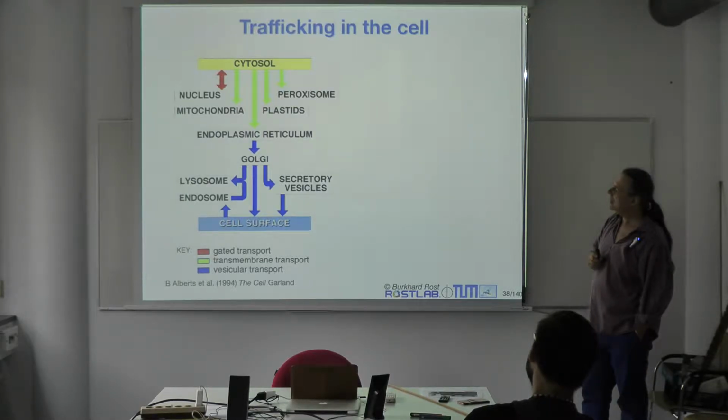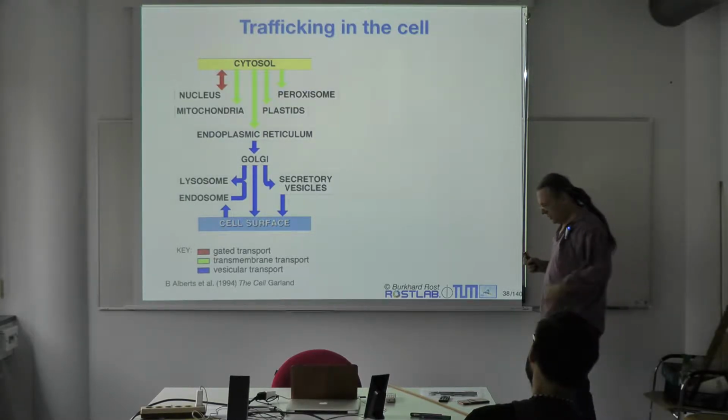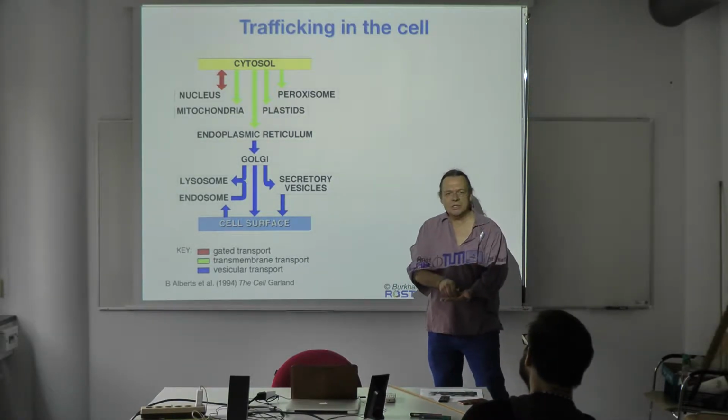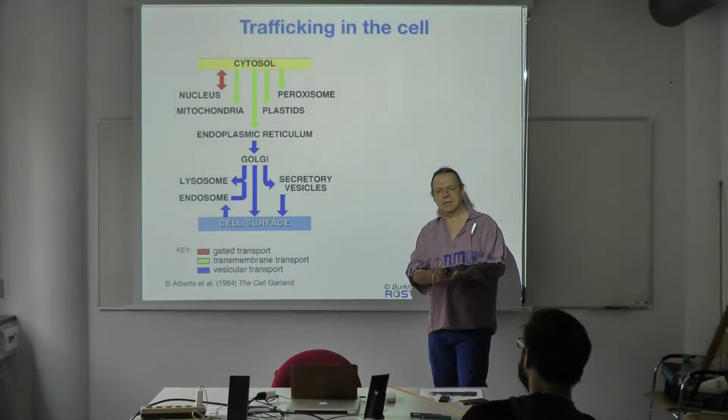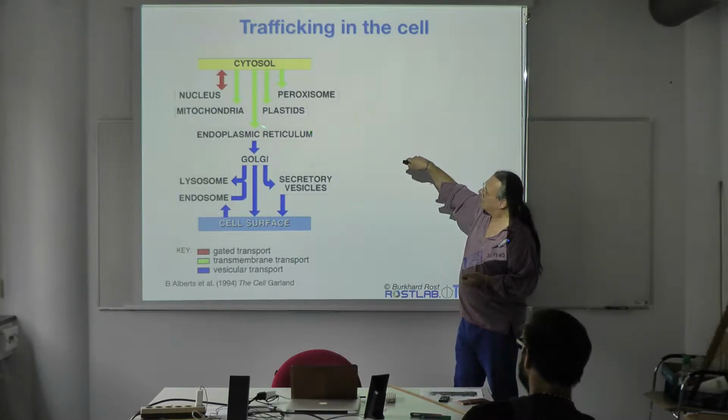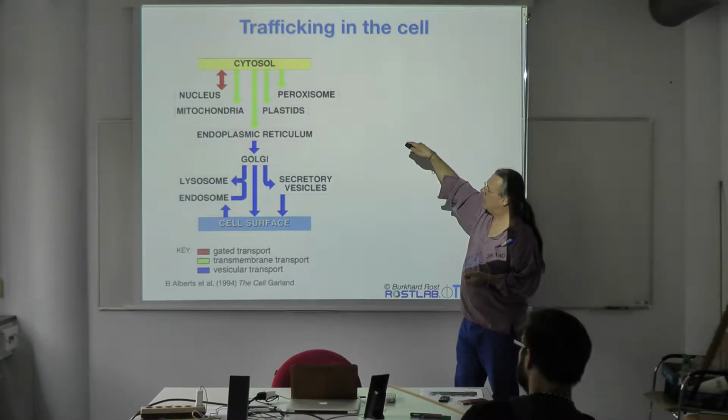Now, when we get into the way in which proteins are transported through the cell, they all start essentially on the ribosomes next to the nucleus, and from there are different decision trees. This is a gated transport.